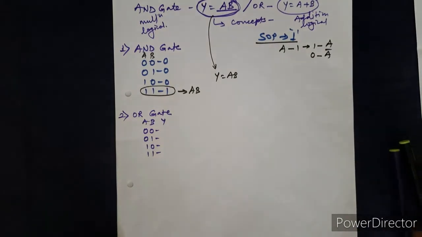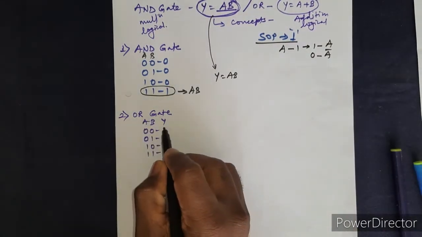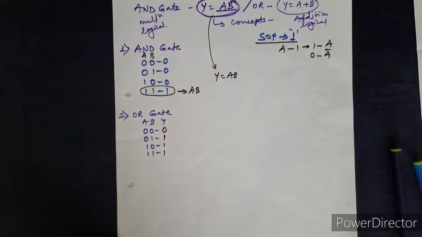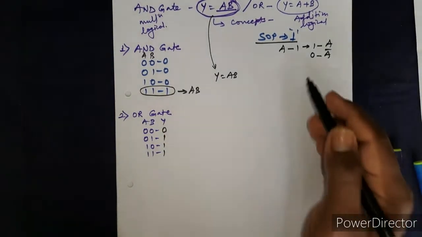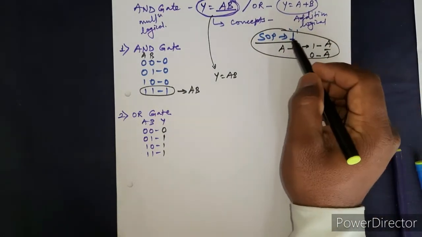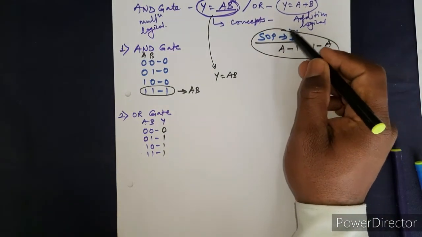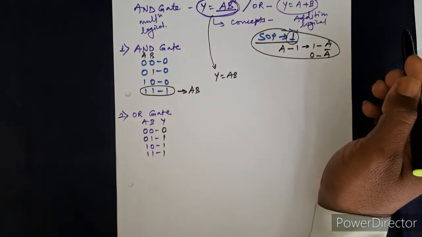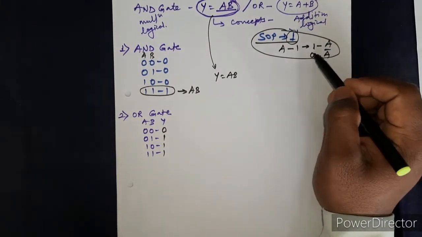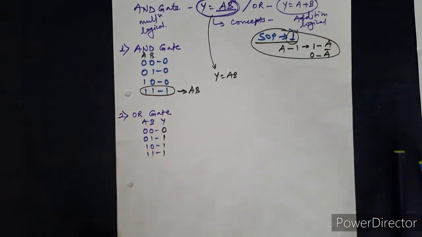The output here is 0 1 1 1. Since again it is SOP, we have to go for the output column having entry as 1, and if it is 1 then it is the variable itself, if it is 0 then it's the variable's complement.